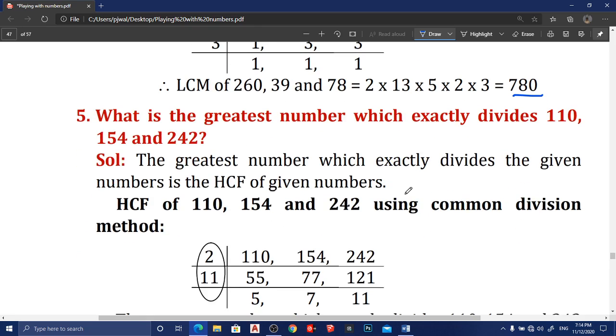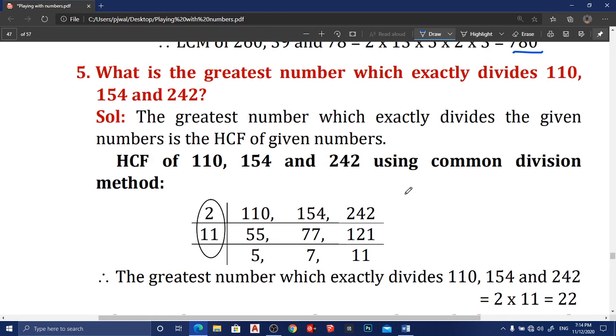Next, fifth one. What is the greatest number which exactly divides 110, 154 and 242? Greatest number which exactly divides means that will be the highest common factor only, which will divide exactly, and which is the greatest number.